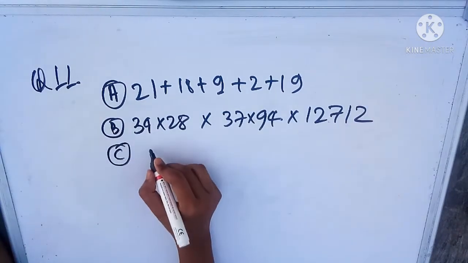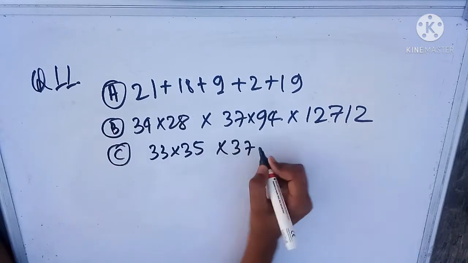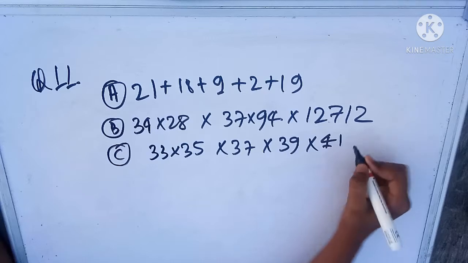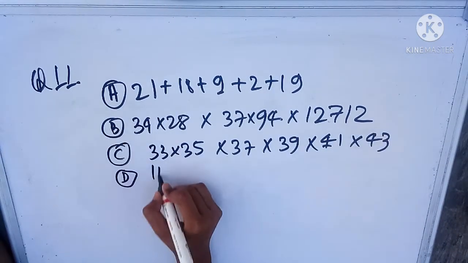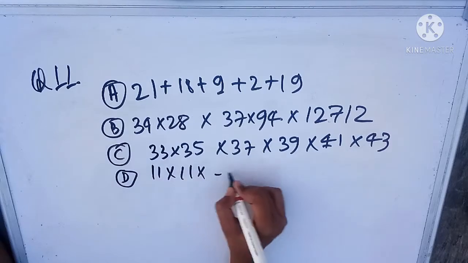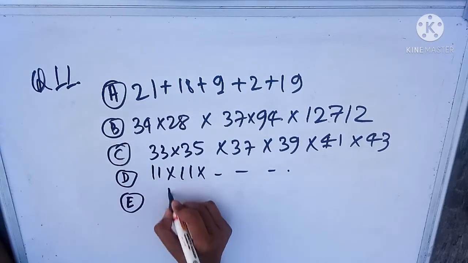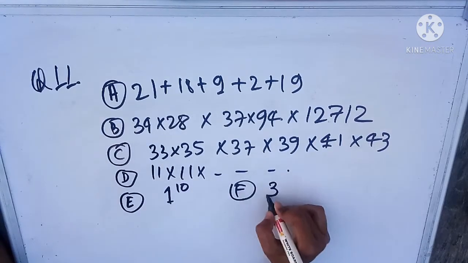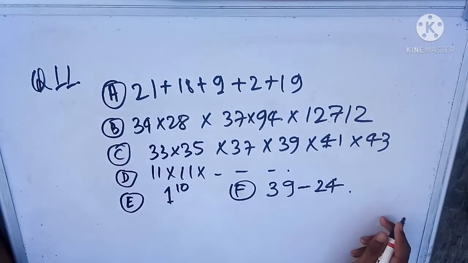Option C is 33 multiplied by 35 multiplied by 37, 39, 41 and 43. Option D is multiplication of 11s many times. Option E is 1 to the power 10, and option F is 39 subtracted by 24. We have to find the even number from the given options.